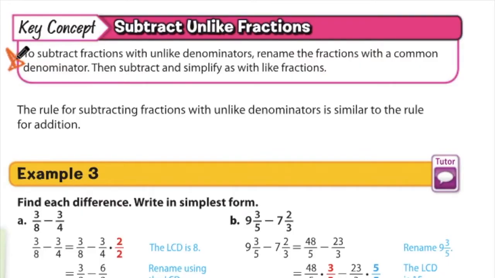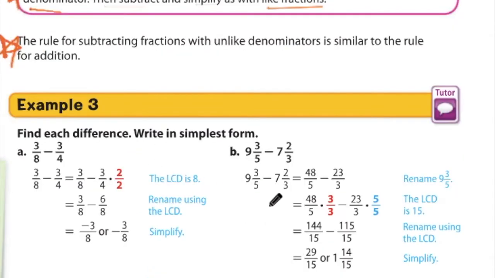The key concept here is not something new to you. It's something, though, I do want you to understand and be able to explain using words. To subtract fractions with unlike denominators, rename the fractions with a common denominator, then subtract and simplify as with like fractions. The rule for subtracting fractions with unlike denominators is similar to the rule for addition.